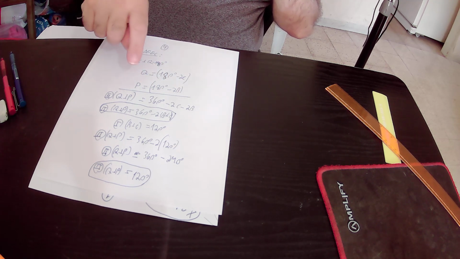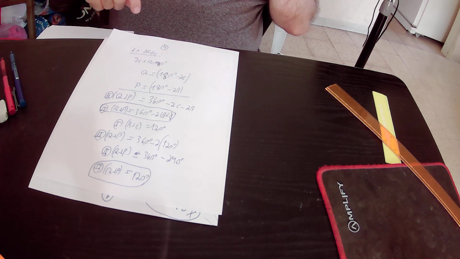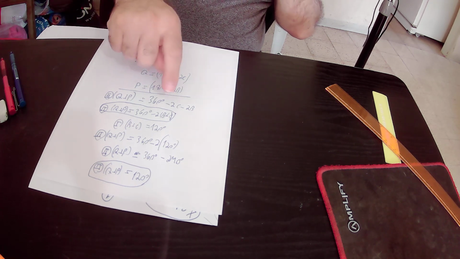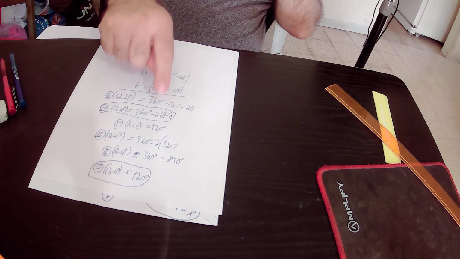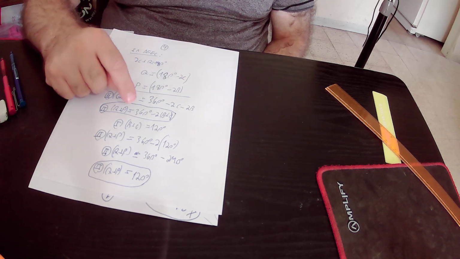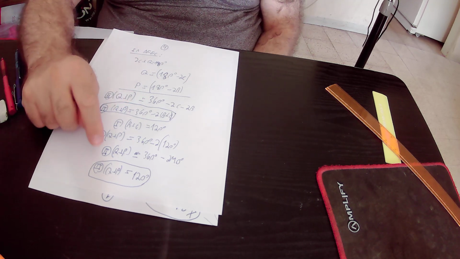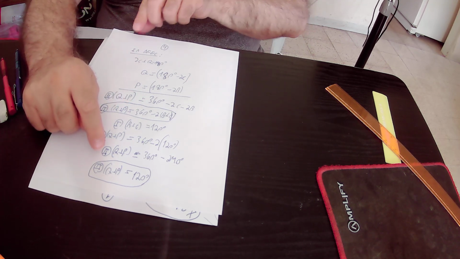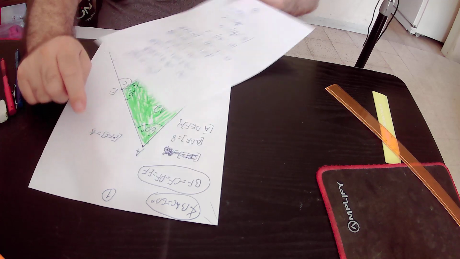But we have already found in equation number 1 that b plus c equals 120 degrees, so we can substitute b plus c by 120 degrees. After we substituted, we found that q plus p equals 120 degrees.